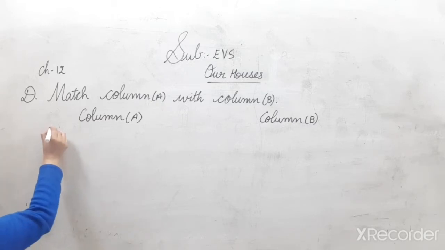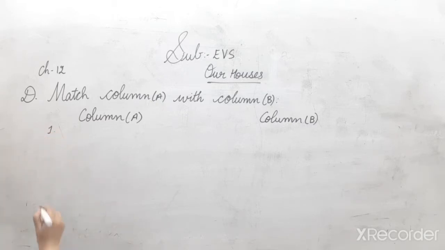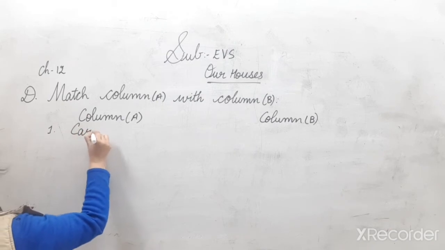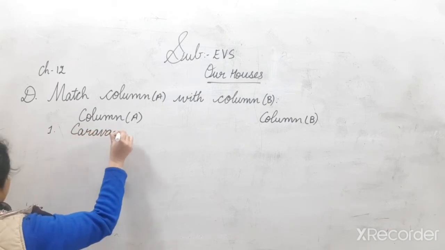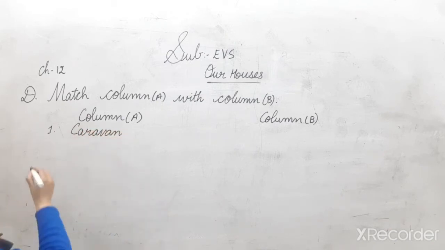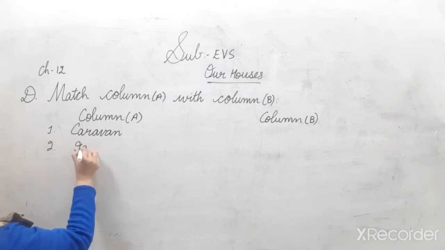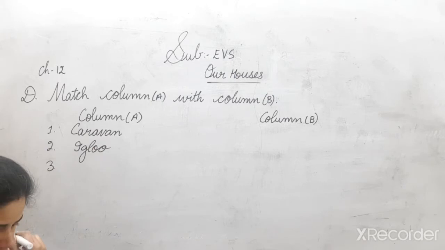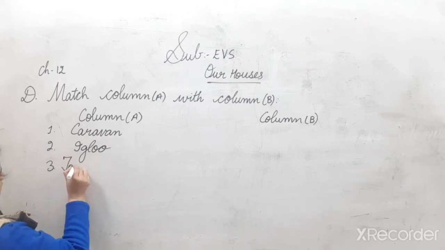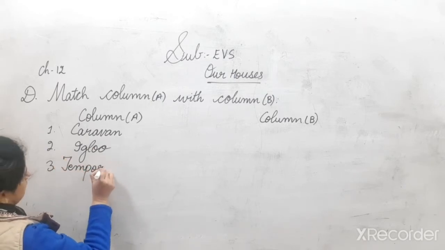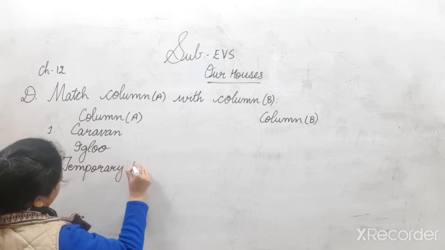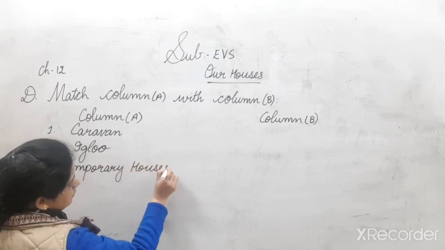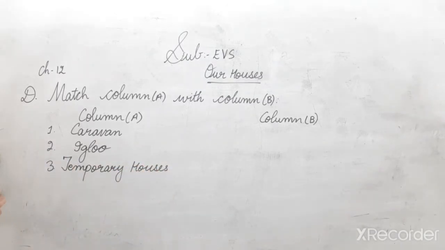In the left column A they have given Carva, Igloo, temporary houses. Here h should be small.